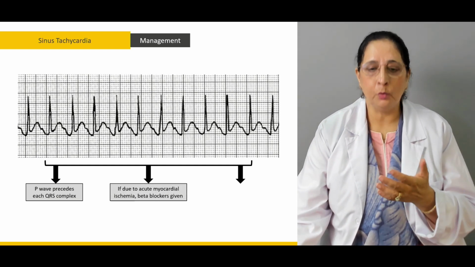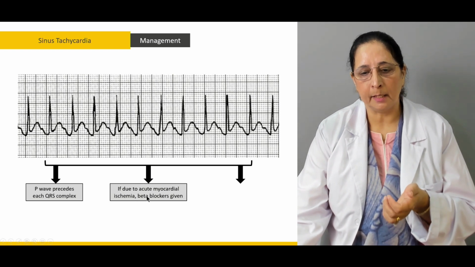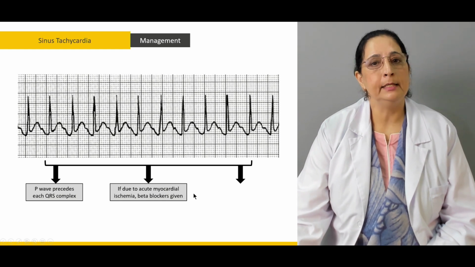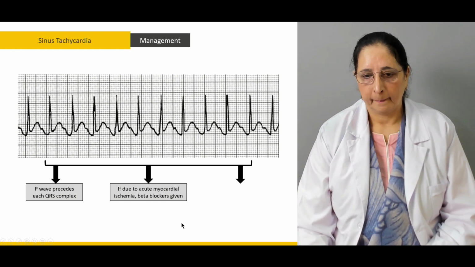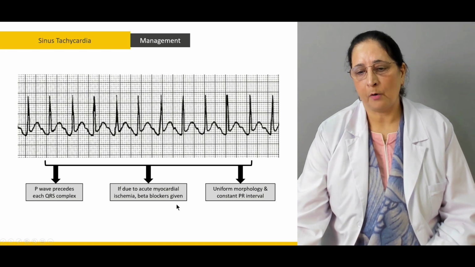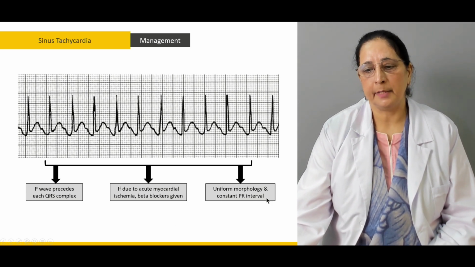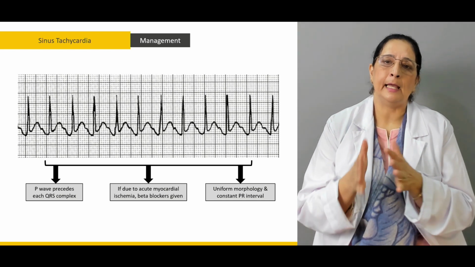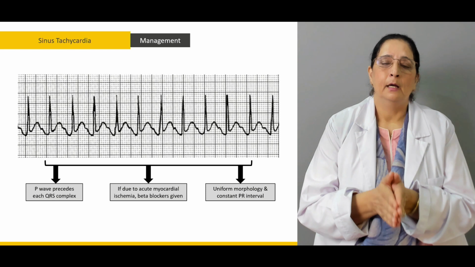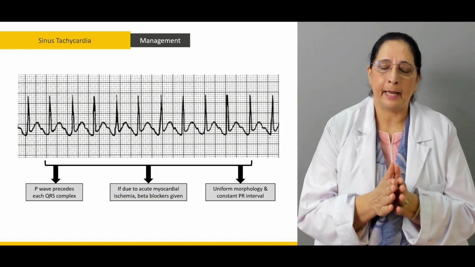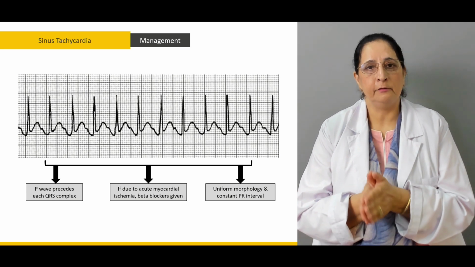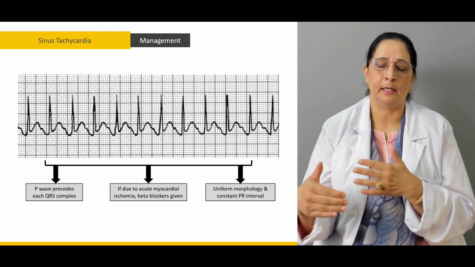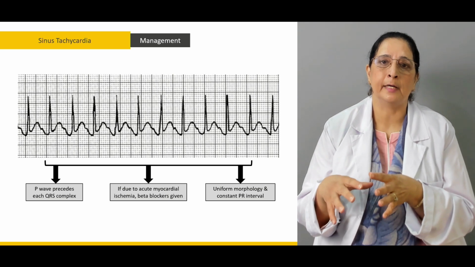If due to acute myocardial ischemia, beta blockers are given to treat the sinus tachycardia, and if there is uniform morphology and a constant PR interval. So sinus tachycardia, again like sinus bradycardia, can be in normal individuals depending on how fast the sinus rhythm is generated.